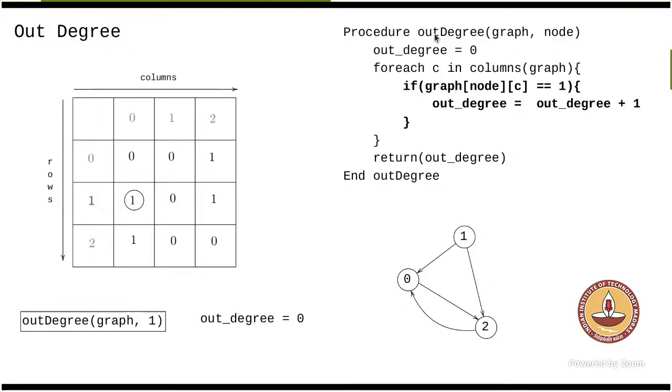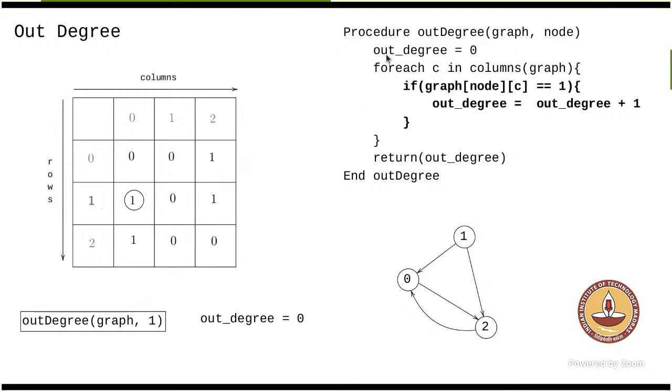That's why I've written for each C in columns of graph. So I'm looking at the 0th column, then the first column, then the second column, for a given row. So out degree of graph comma 1: we are calling this procedure on this graph on the node 1.